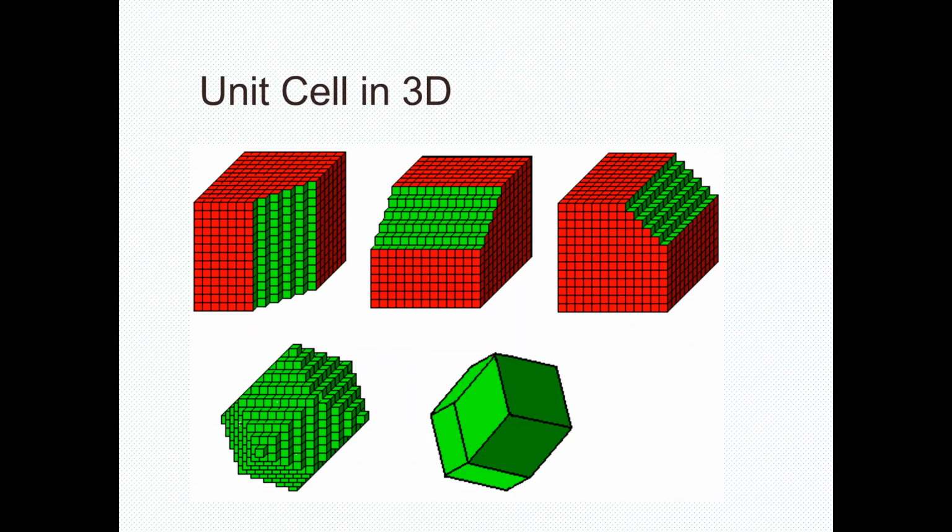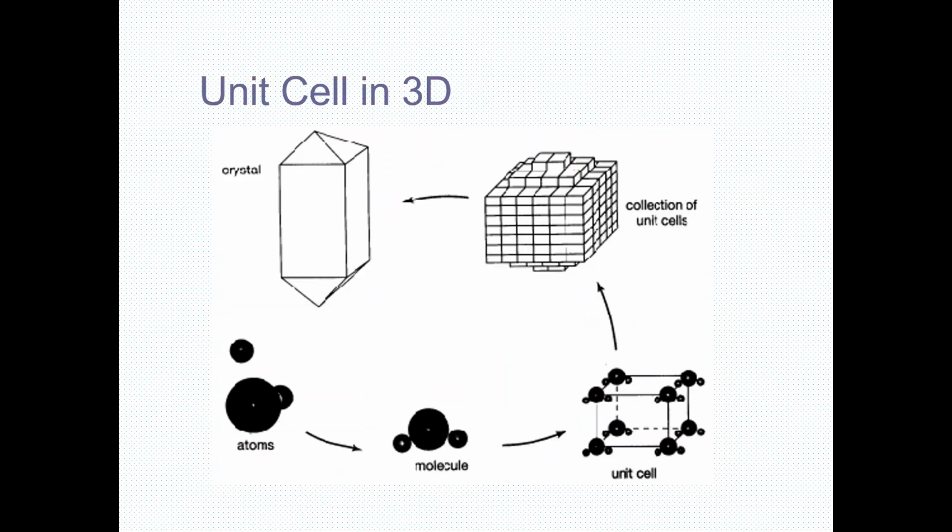This is the example of a unit cell in 3D. You can further understand the concept of the unit cell in 3D. First we have atoms. The atoms combine into molecules. The molecules combine and make a particular unit cell, and the collection of unit cells combined makes bigger crystals that you can see with the naked eye.